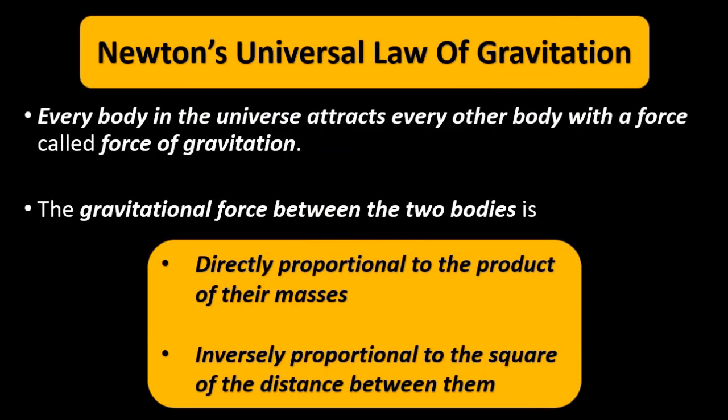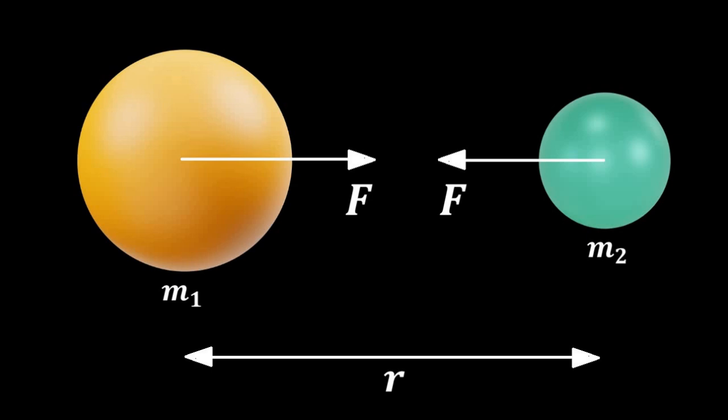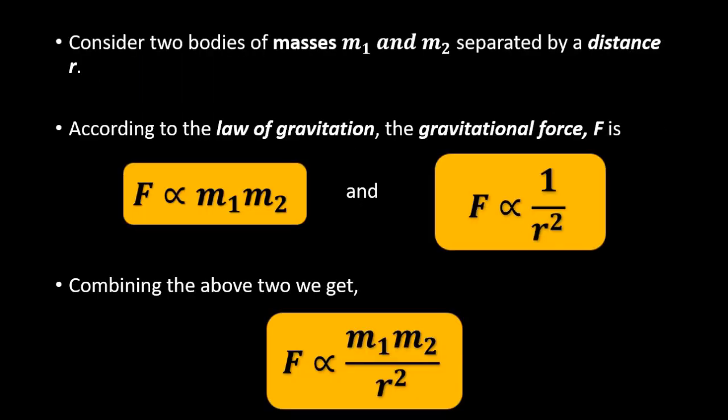So far we have discussed that as per Newton's universal law of gravitation, every object in the universe attracts every other object with a force which is called the gravitational force, and that gravitational force is directly proportional to the product of the masses of those two objects and inversely proportional to the separation distance between them.